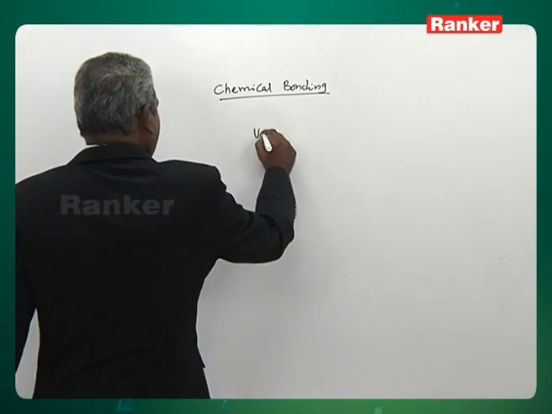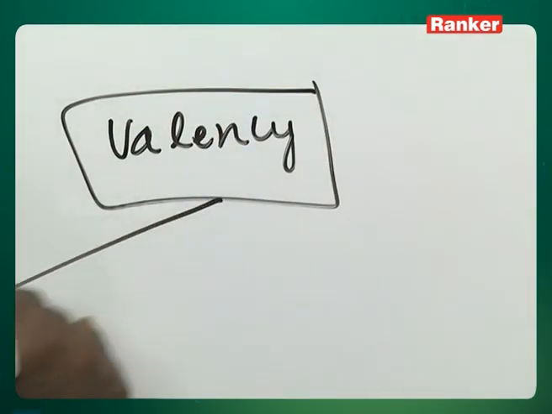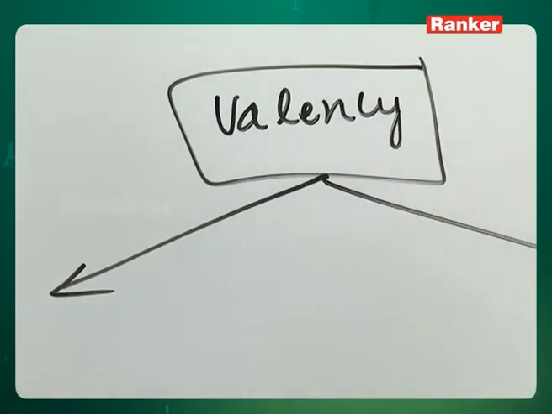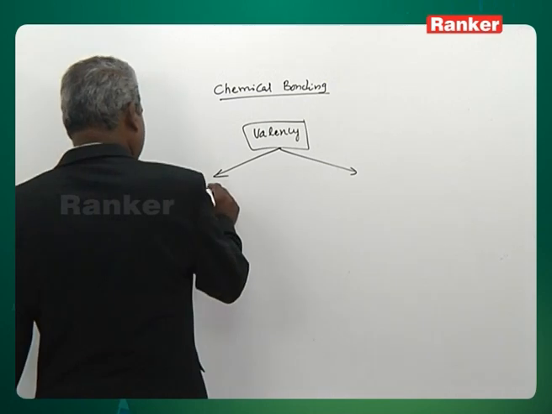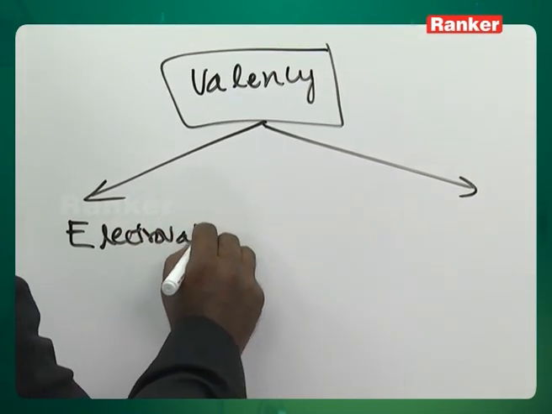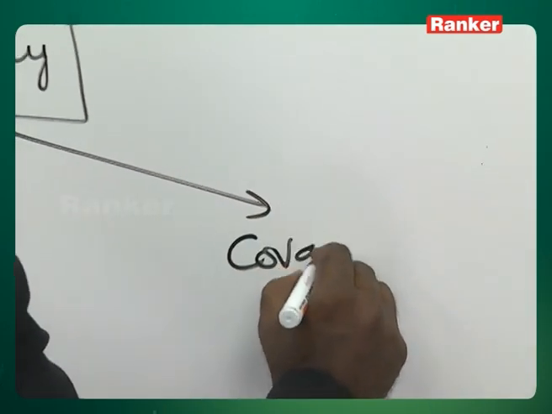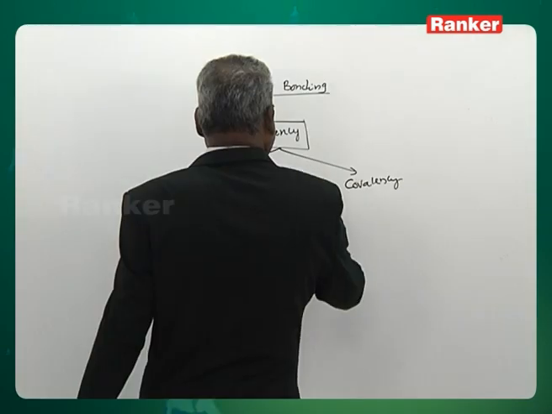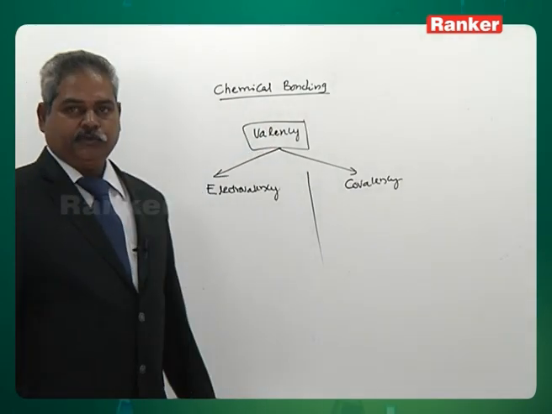Next, valency is of 2 varieties. One is electrovalency, the other is covalency.